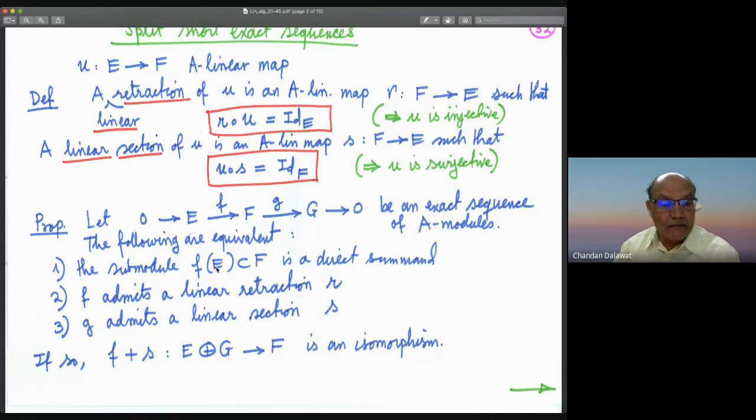So the first condition is that the submodule f of E is a direct summand of F. The second condition is that this little f admits a linear retraction r. The third condition is that G admits a linear section s. Okay, so we are claiming that these three conditions are equivalent.